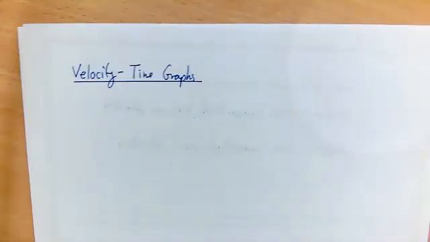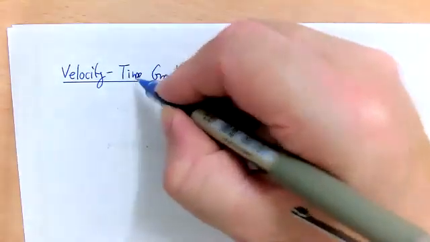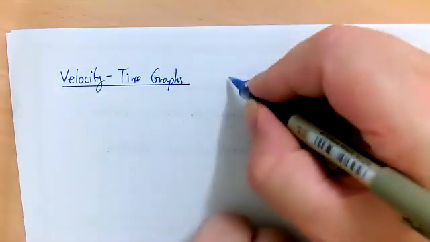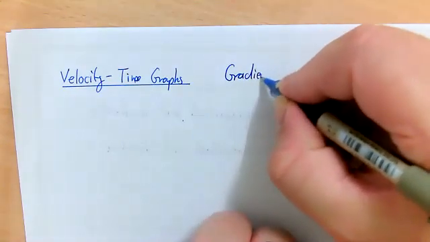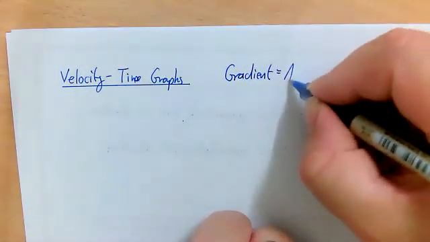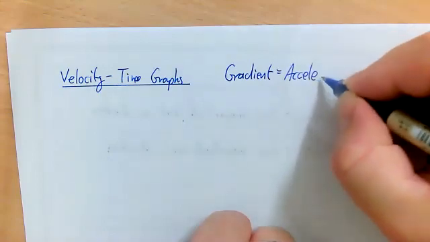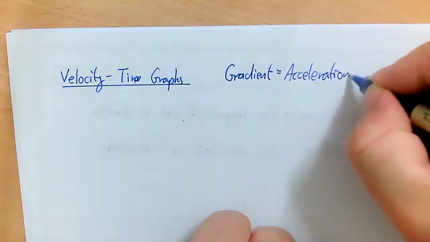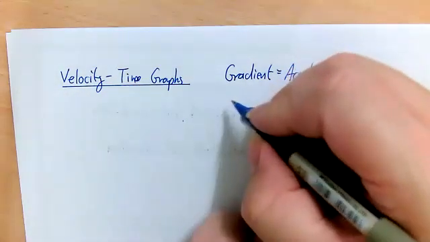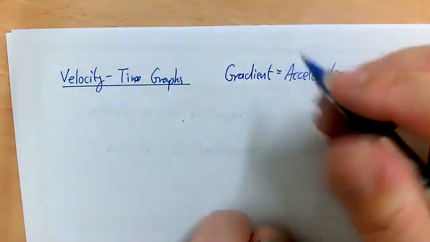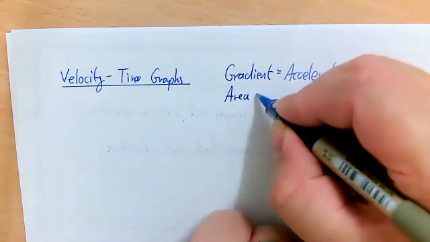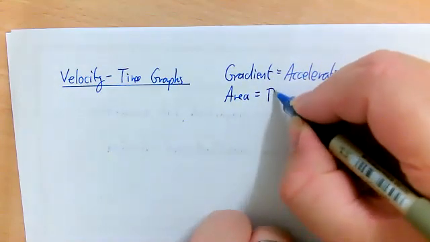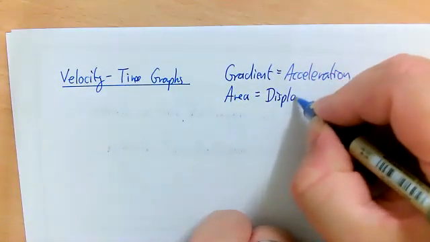Now these rules actually make the most sense if you've ever studied calculus. If you've got a velocity time graph, then the gradient is equal to the acceleration, okay? And the area under the graph is actually your displacement.